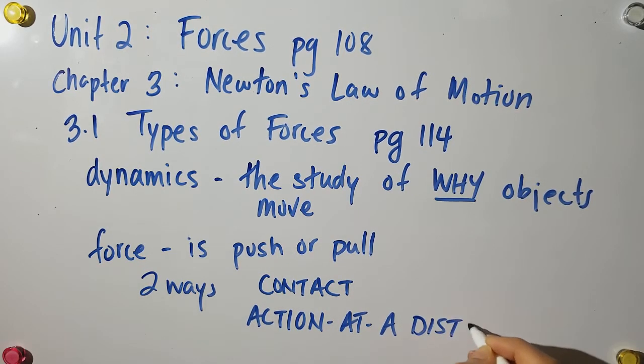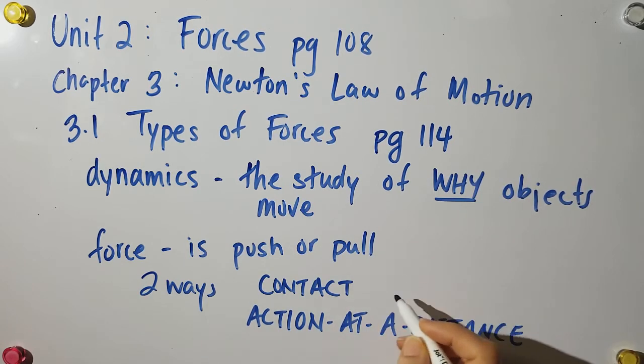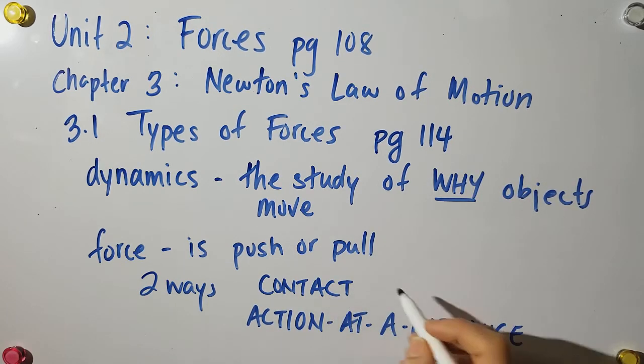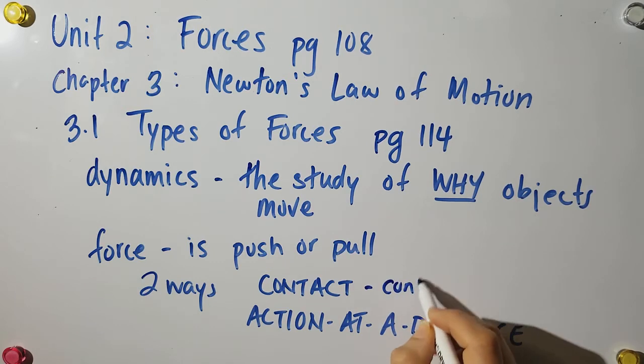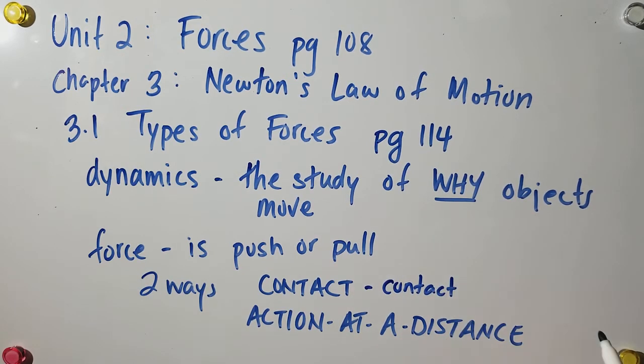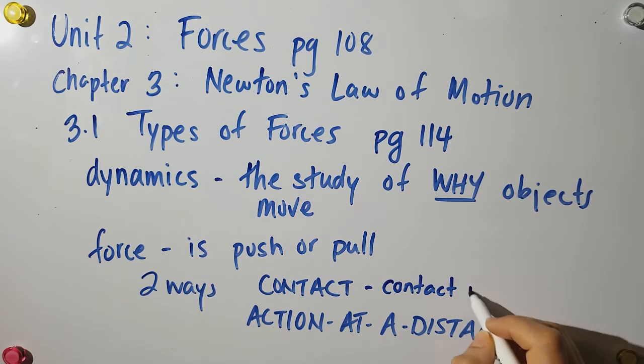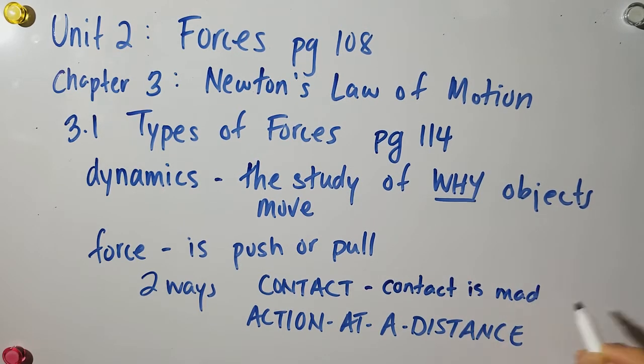You might say, what is that? Well, contact means you actually physically have to make contact. So when you push your sibling, okay, when somebody bumps into you in the classroom, contact is made, okay? But action at a distance, no contact is made.